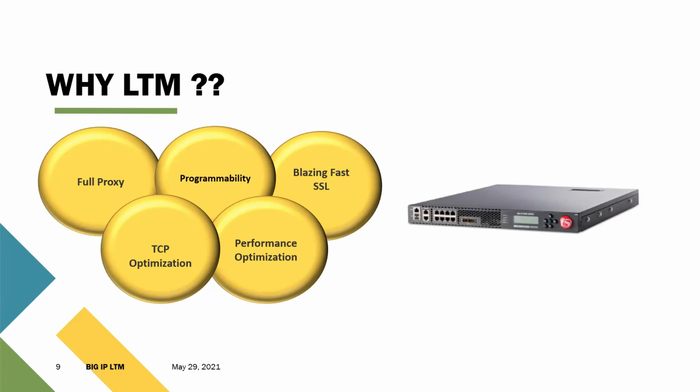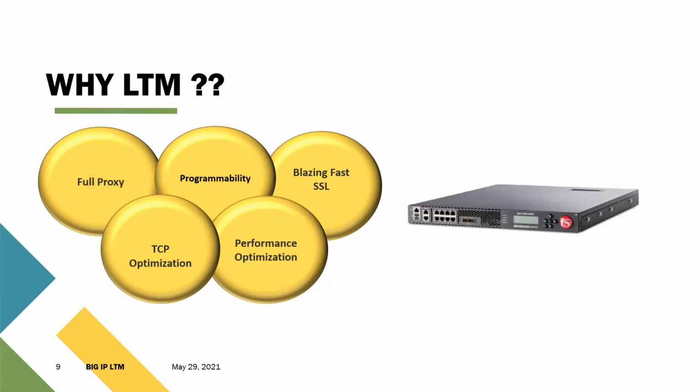So there are two kinds of proxy which are usually used in our IT environment. One is known as a forward proxy and one is known as a reverse proxy. Some of you might have heard these terms in the past, but I can explain a little bit what these are.